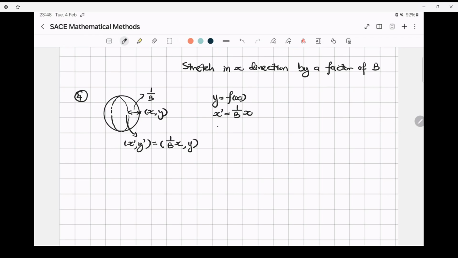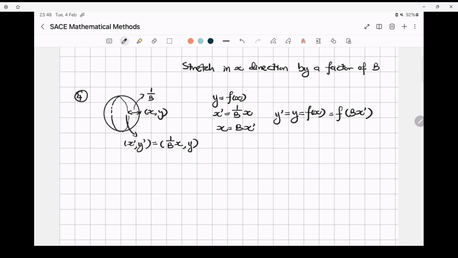So it means that x will be b multiplied with x prime, right? So here I did the transformation as beforehand. So y prime equals y equals f of x. So this is also equal to f of b multiplied with x prime.